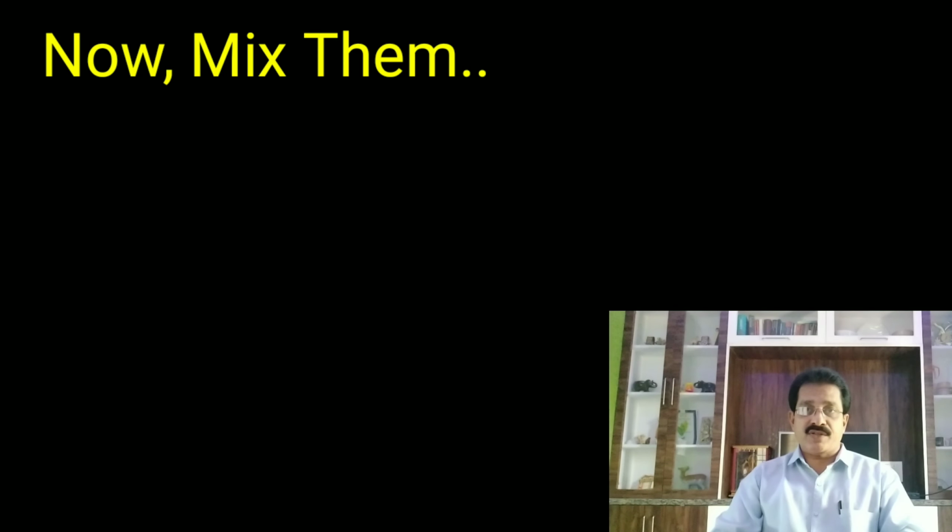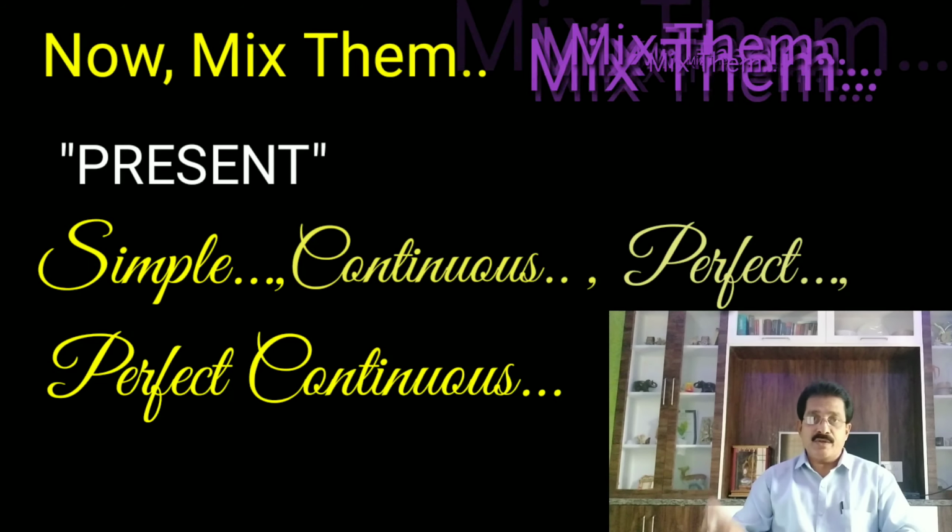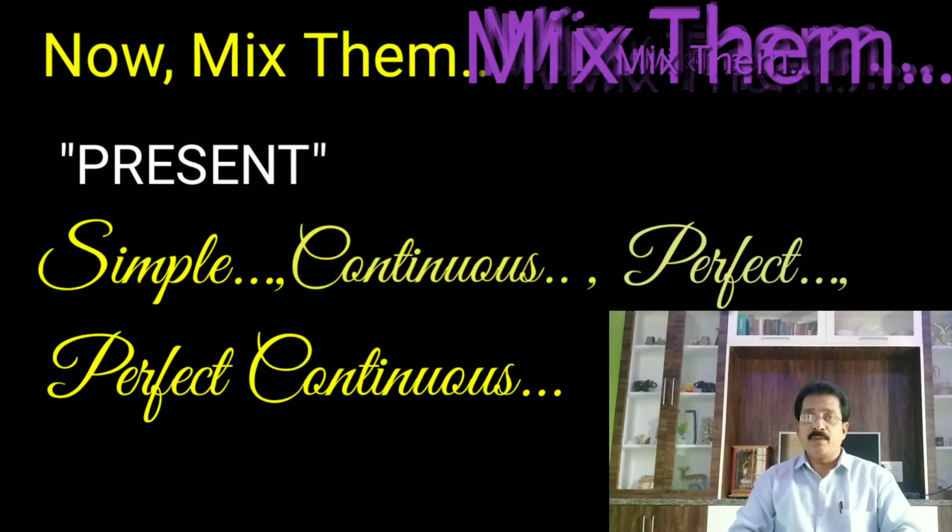Now if you mix one tense with these 4, you get 4 tenses. For example, let's take present. With these 4, we get simple present, present continuous, present perfect, present perfect continuous. So those 4 words are added to present, and you got 4.